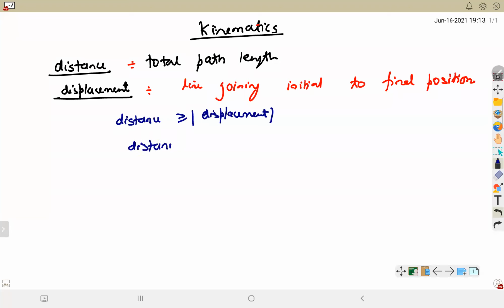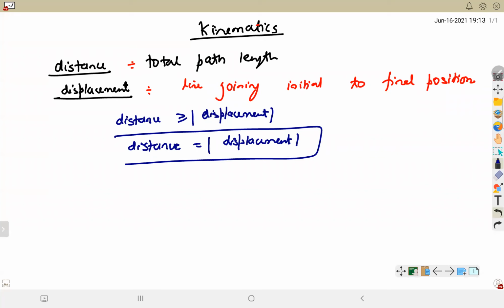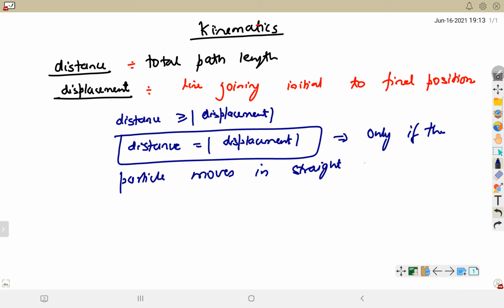If we have to calculate distance in some question, we have to check whether the body is moving just in a straight line without changing its direction, or whether a change of direction is also involved. Distance is equal to displacement only if the particle moves in a straight line without changing its direction.